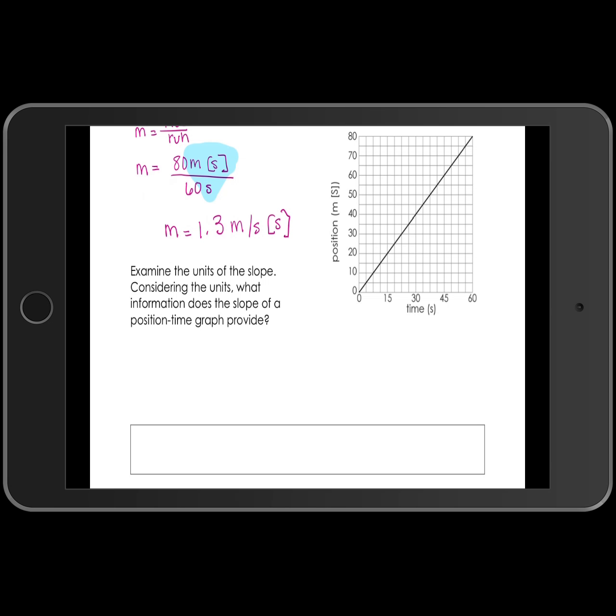One thing that you should notice examining these units is that it's giving you a hint at what the slope actually tells us on a position versus time graph. The units of the slope are meters per second with direction in this case, so that matches the units for velocity.